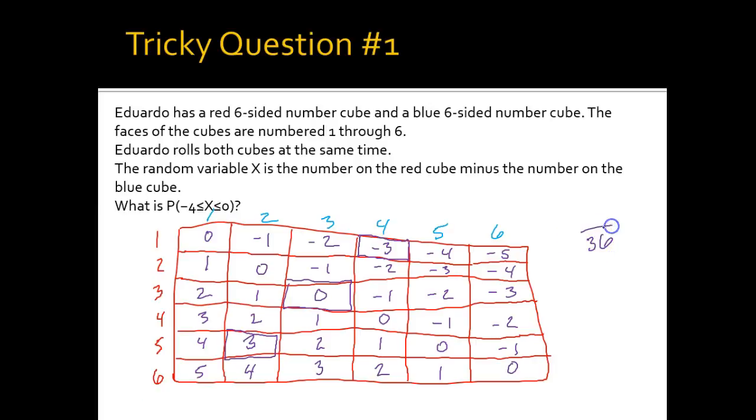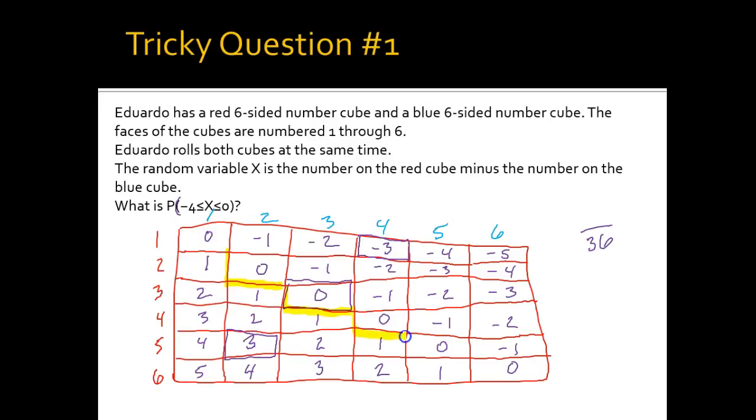Okay, so that's how we're going to do probability. 36 different ways. And then the question says, what's the probability that x is going to be greater than or equal to negative 4 and less than 0? So now let's look at our chart and see how many different ways we have a number that is less than or equal to 0, and greater than or equal to negative 4.